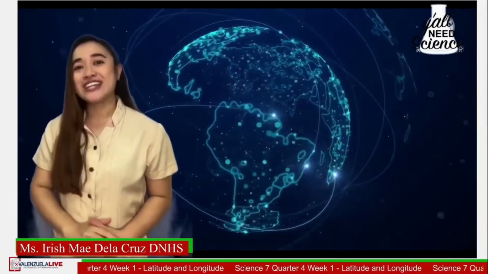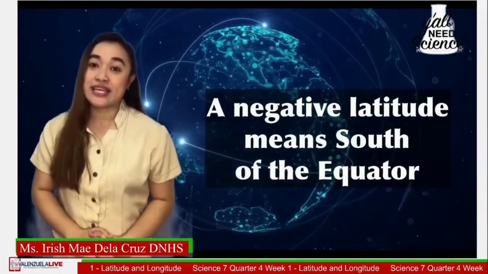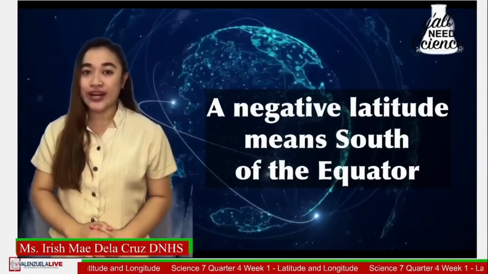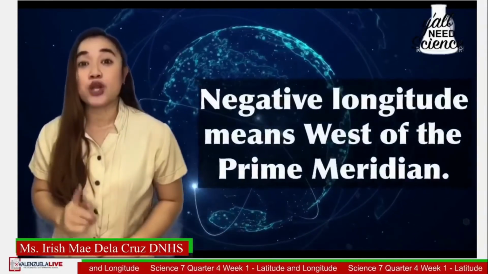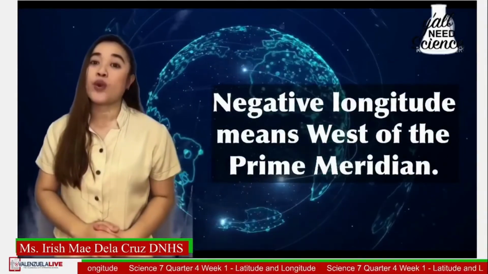And for additional information, a negative latitude means south of the equator, and a negative longitude means west of the prime meridian. So, for your assignment, please answer the following activities in your module.